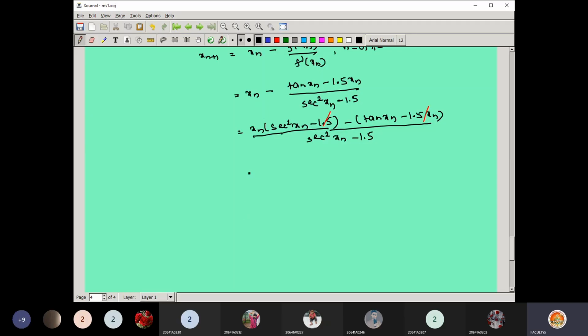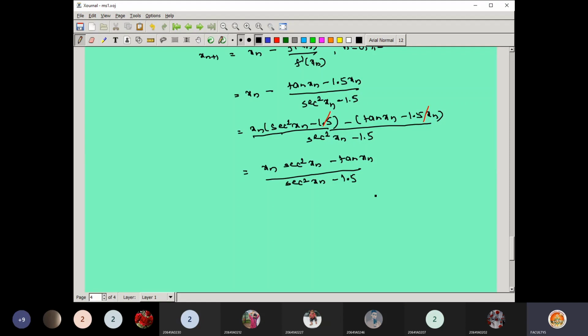The remaining values are x n secant square x n minus tan x n, total divided by secant square x n minus 1.5. This is the final simplification of your given Newton-Raphson formula.